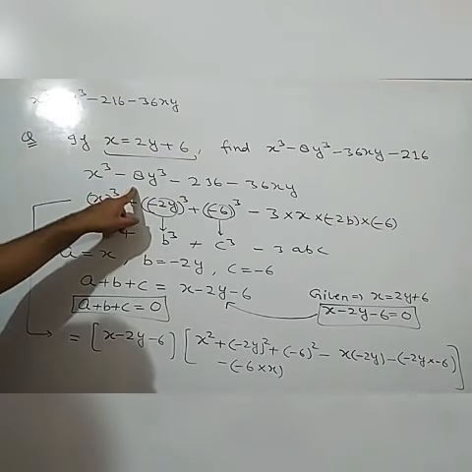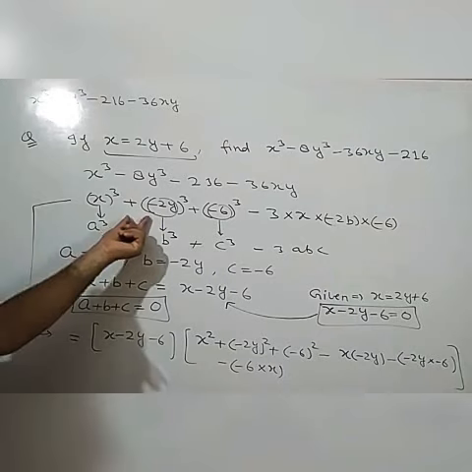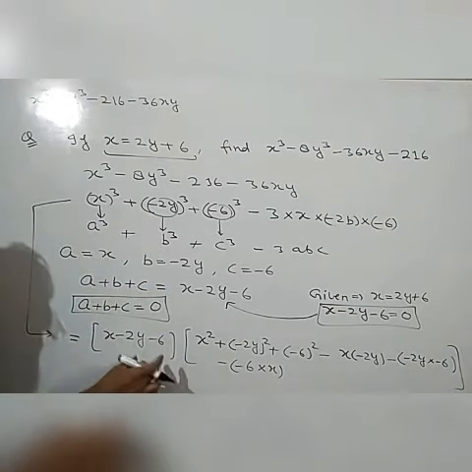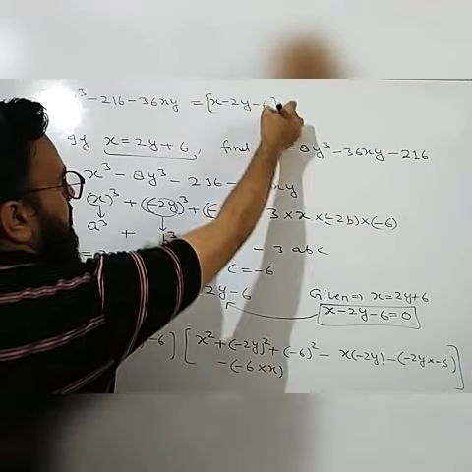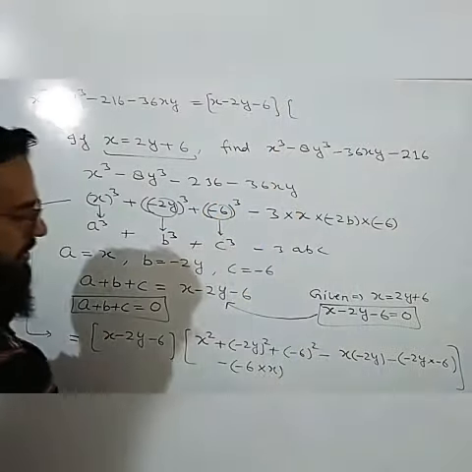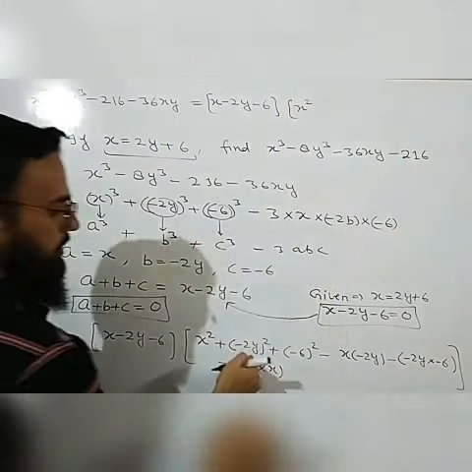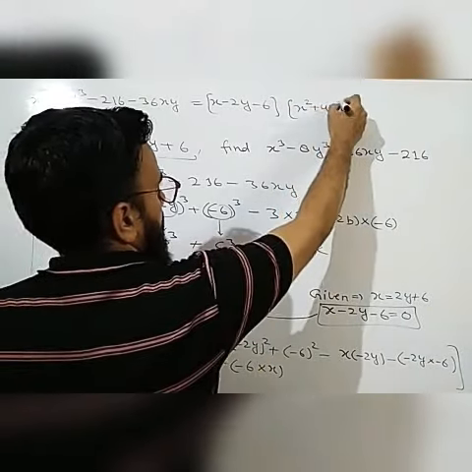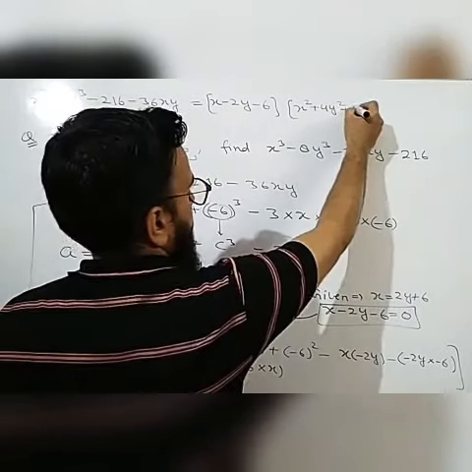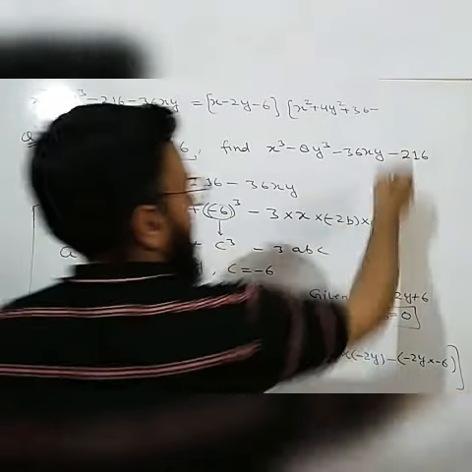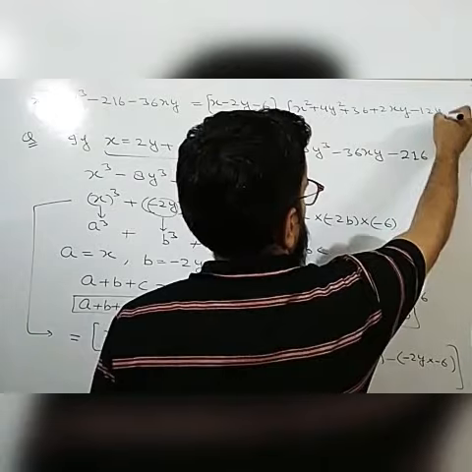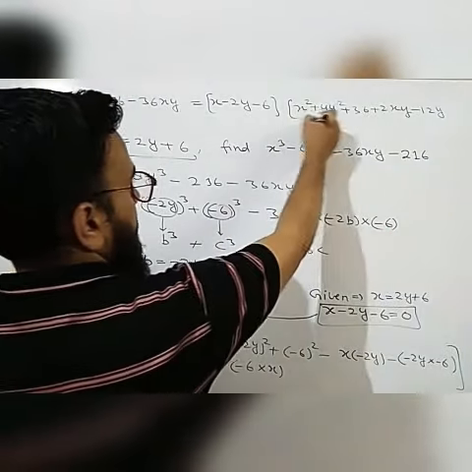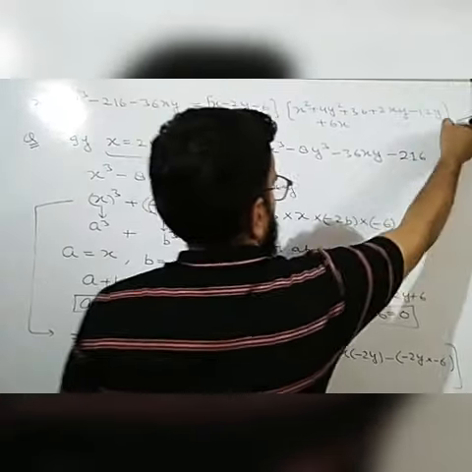This was the term which we had to find, and we have written this term in the form of this formula, whose value is equal to x minus 2y minus 6 in the first bracket, and the second bracket is x square plus 4y square plus 36 plus 2xy, then minus 12y and plus 6x. It is our second bracket.